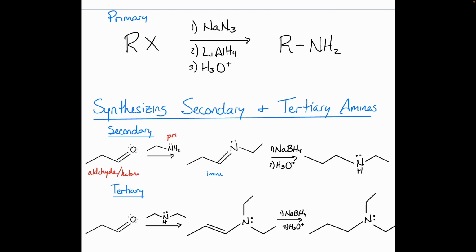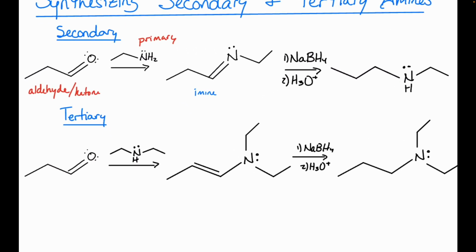And add a primary amine. Then we'll reduce that. For a tertiary amine, we're again going to start with an aldehyde or ketone, but then add a secondary amine, and we'll reduce that enamine intermediate to an amine.